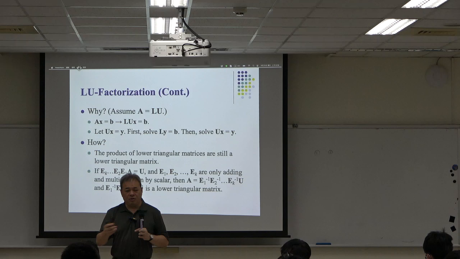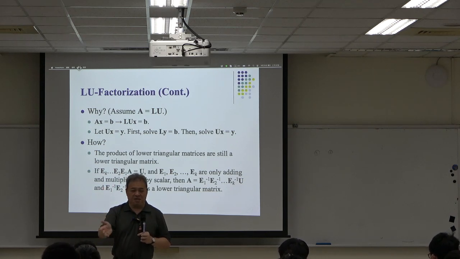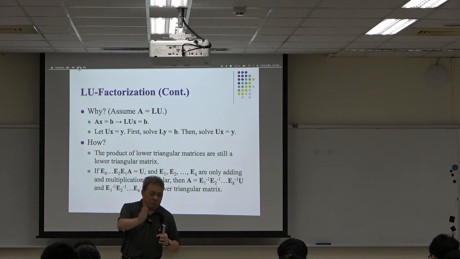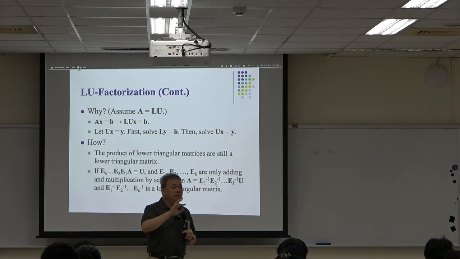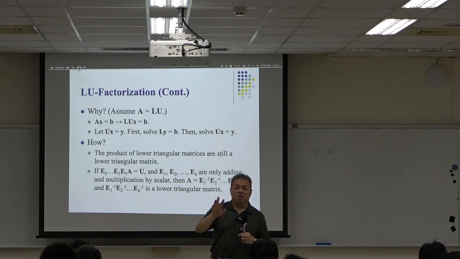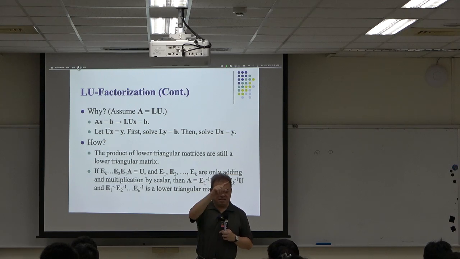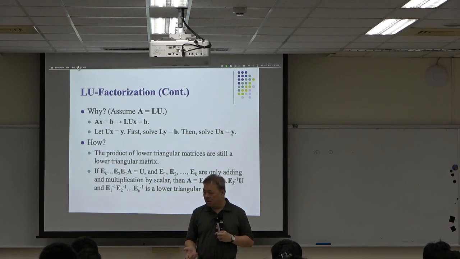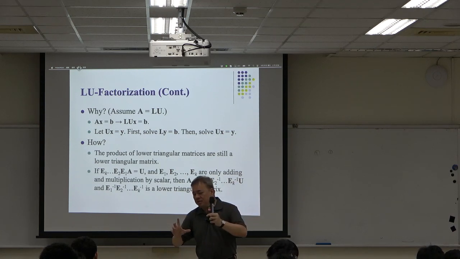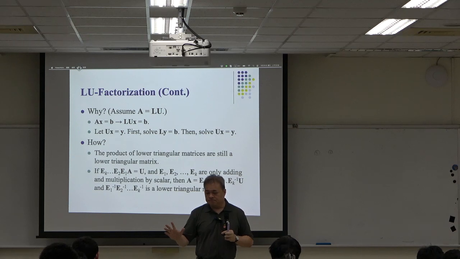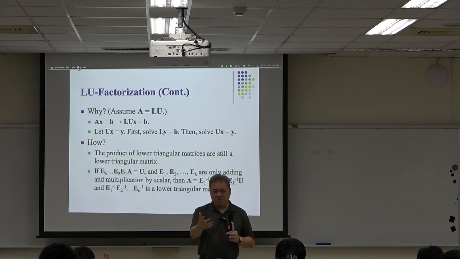I will not prove this, but I will let you think about how to prove it. 如果 A 跟 B 是下三角，它们乘出来还是下三角。Okay, so this is another interesting property of lower triangle. The similar property can be said for upper triangle. 如果你有两个上三角形的矩阵，相乘了以后它还是上三角形。Okay, you can verify this by yourself.